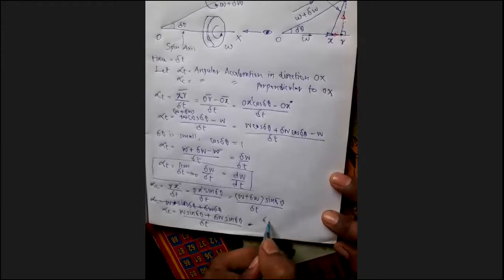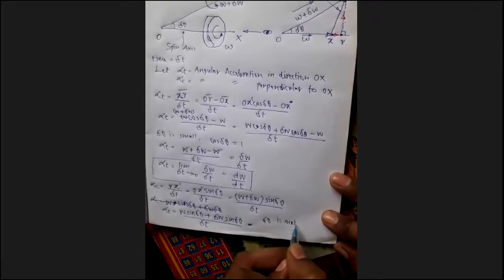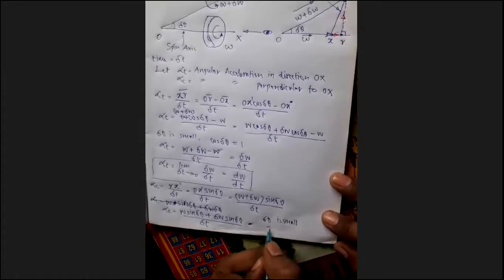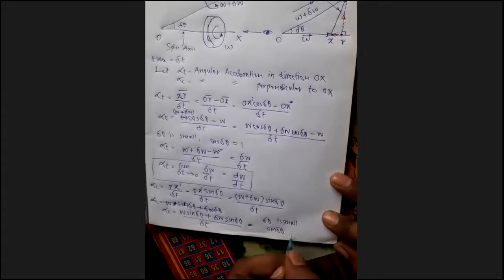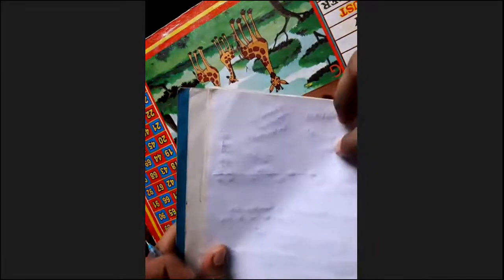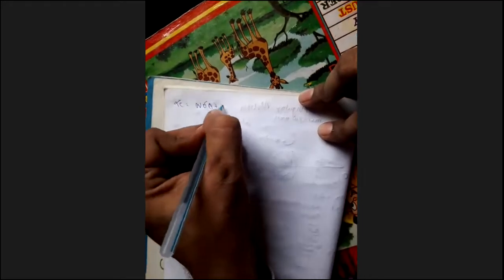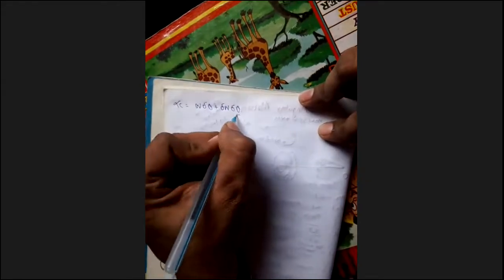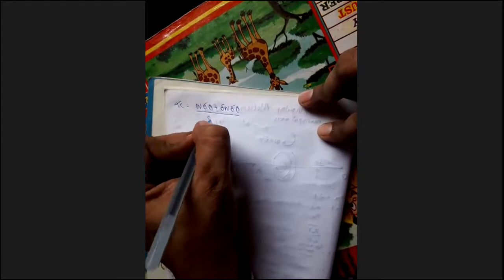Now alpha c. Since delta theta is small, I can write sine delta theta not equal to 1, rather it will be equal to delta theta. So this expression will become alpha c equal to omega delta theta plus delta omega delta theta upon delta t.